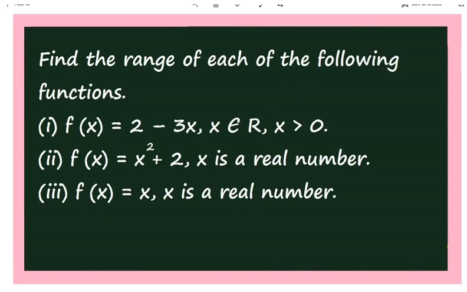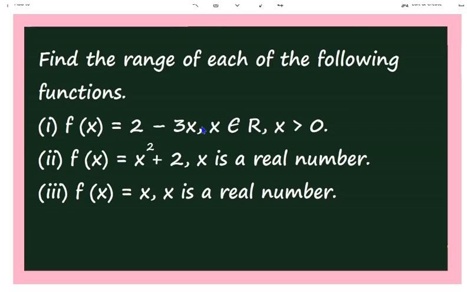Now see this question. Find the range of each of the following functions. f(x) = 2 - 3x, where x belongs to R and x is greater than 0. It is given that x is greater than 0. When x is positive, 3x is always positive, and 2 minus some positive quantity is always less than 2.